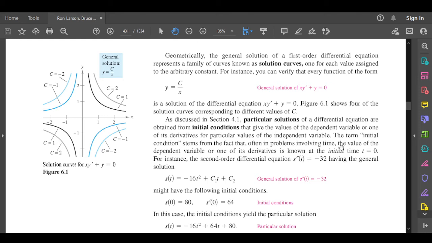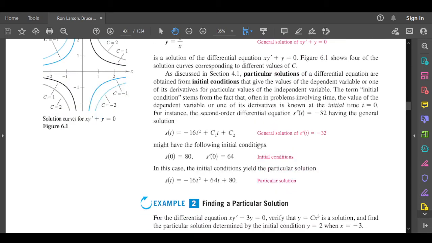Okay? So, particular solutions of differential equations are obtained from initial conditions that give the values of the dependent variable, or one or more of its derivatives, for particular values of the independent variable. The term initial condition stems from the fact that often in problems involving time, the value of the dependent variable or one of its derivatives is known at the initial time. So it is the value of the dependent variable when t is equal to 0.